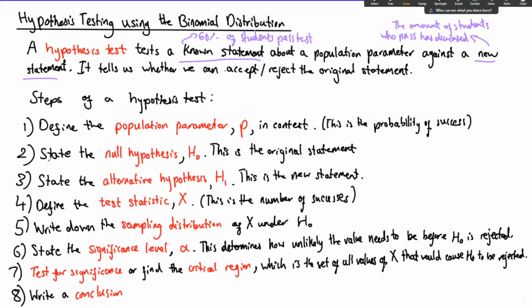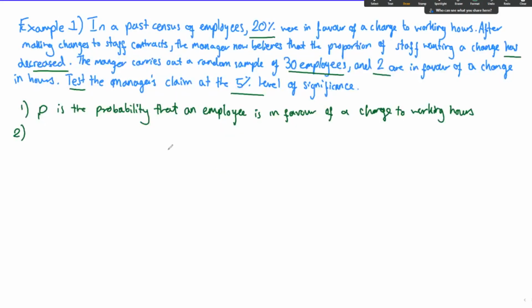So now we can move on to the next step. State the null hypothesis H0. So H0 is this, because this is the original statement. In the past census, 20% were in favor.